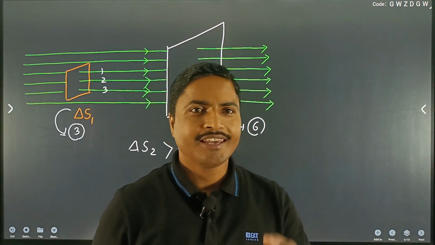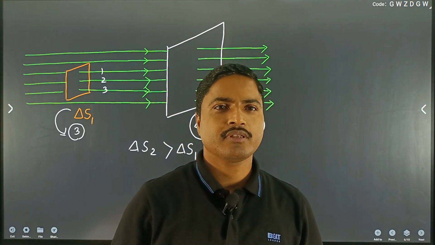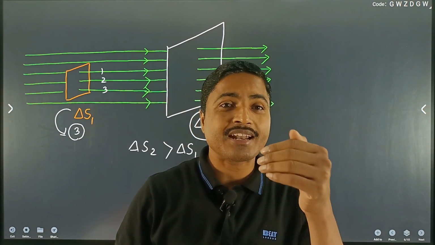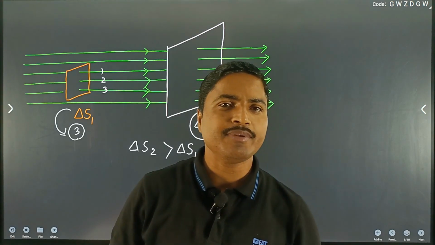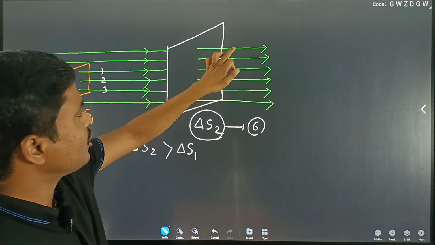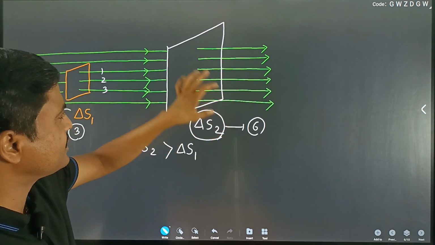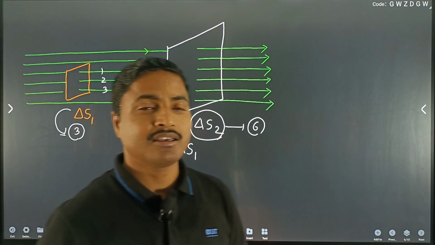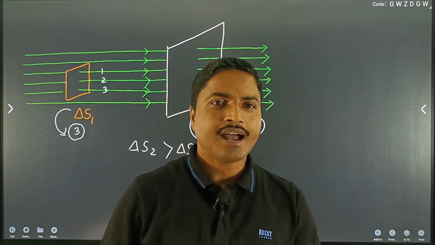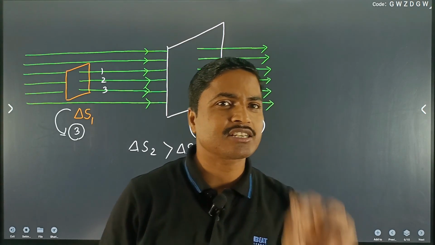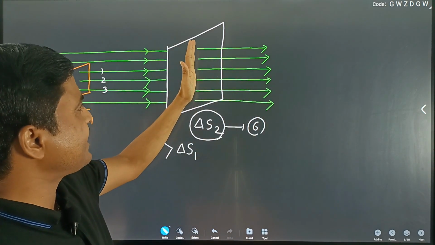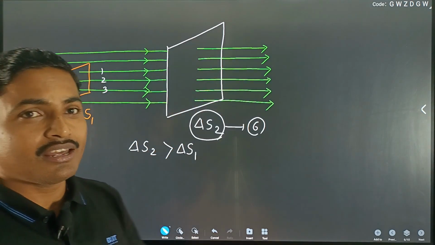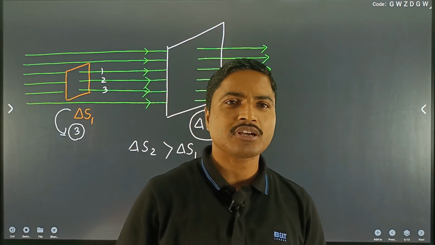That means if we increase the area, or if we increase the shape and size of the area element, then the number of electric field lines crossing through the small area element is also increased, and the total number of electric field lines crossing through this area element perpendicularly or normally, that is known as flux.